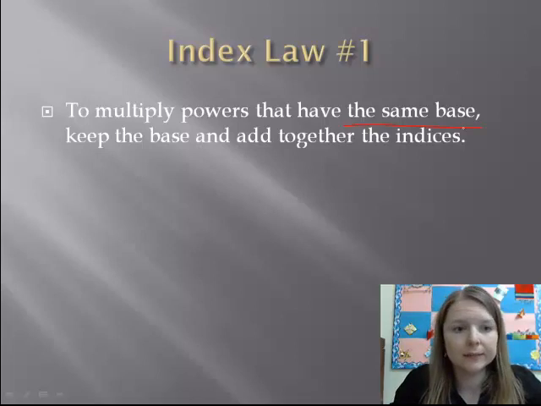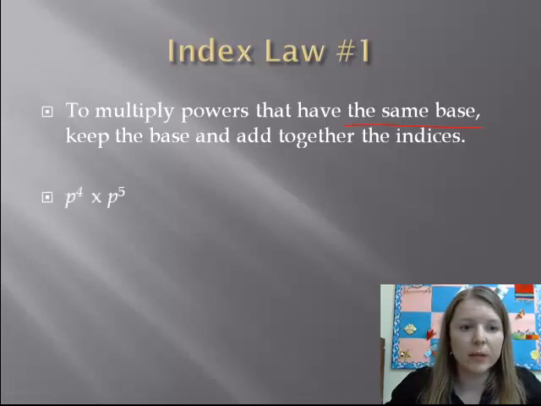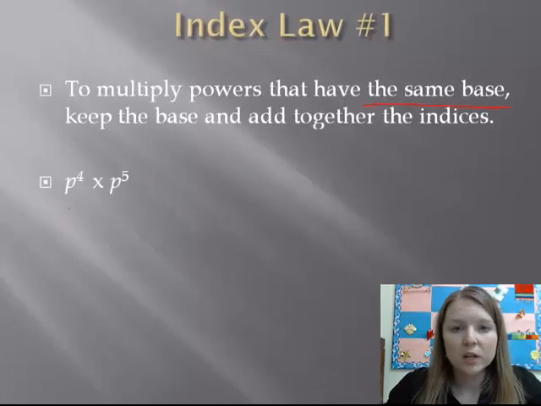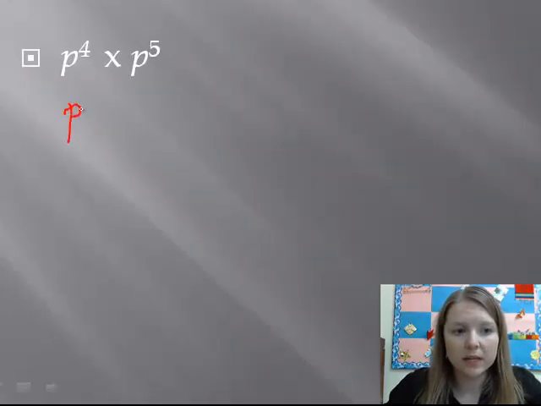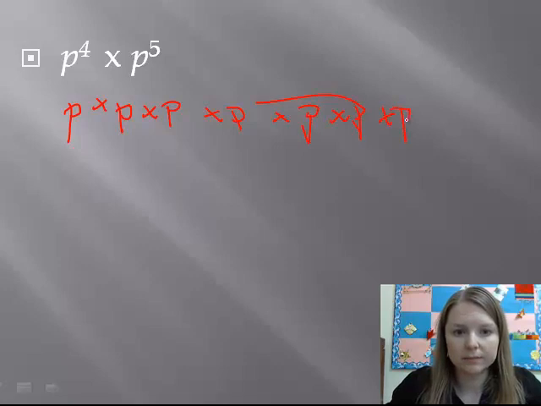So what does that look like? If we have p to the power of 4 times p to the power of 5, you can think of it as, okay, well that's p times p times p times p, so that's p to the power of 4, and then we've got the same thing 5 times.